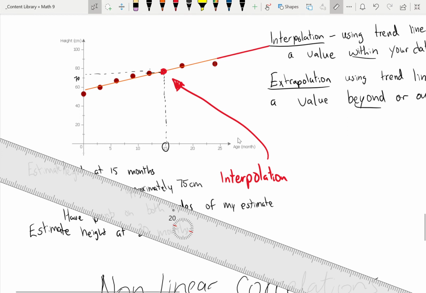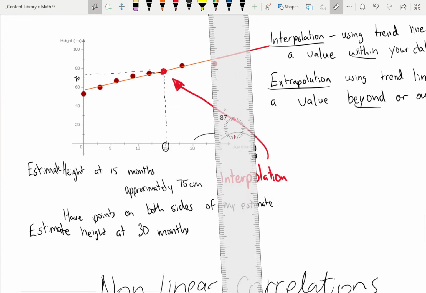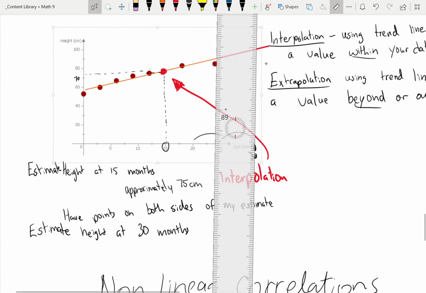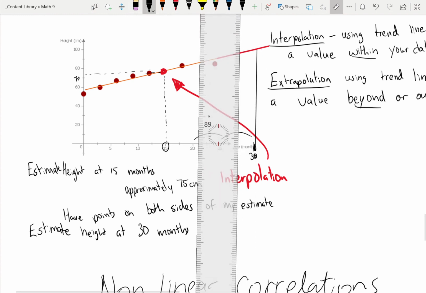Now, 30, this is 25, 30 is probably here. So I'm going to go up to around, whoops, bring it over just a bit, going roughly here.